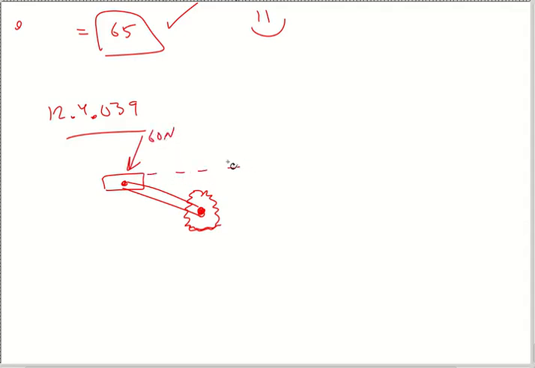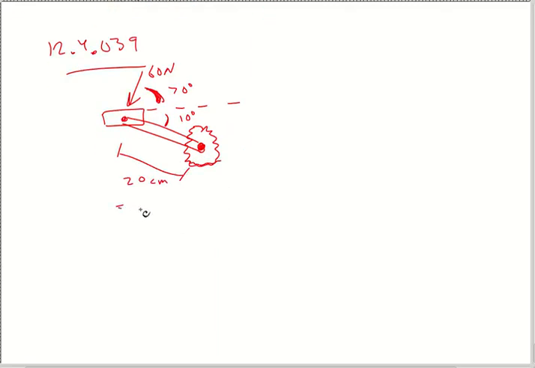And with the horizontal, this angle here is 70 degrees. They also say that this angle here is 10 degrees. If you read the problem, this is 20 centimeters for mine. You might have something else. Immediately convert that. It's 0.2 meters. So that's what we're going to be using.